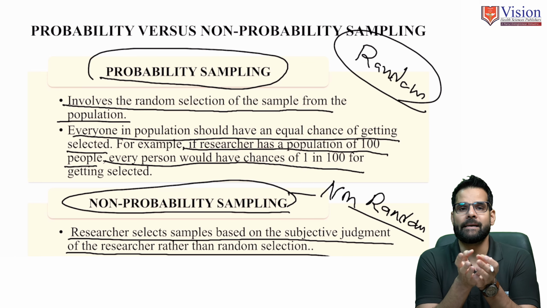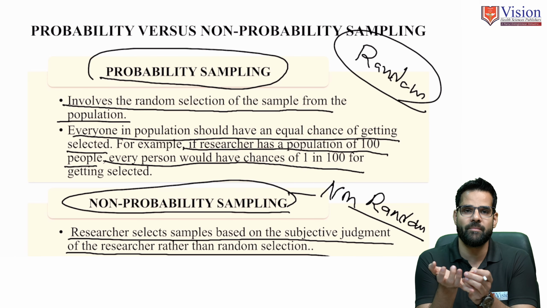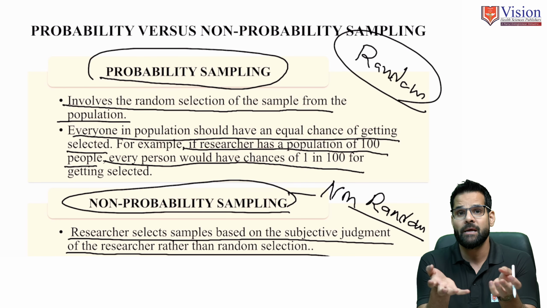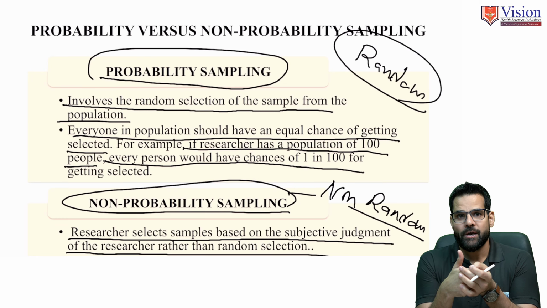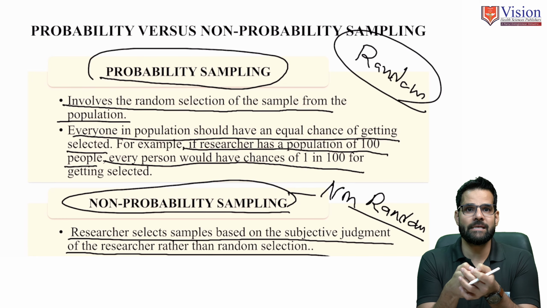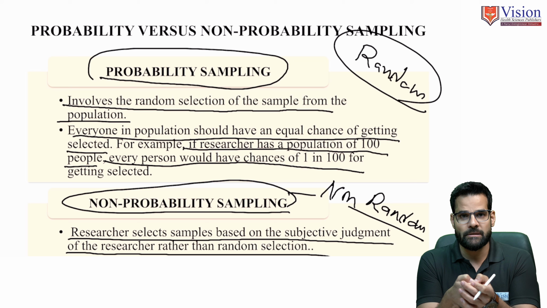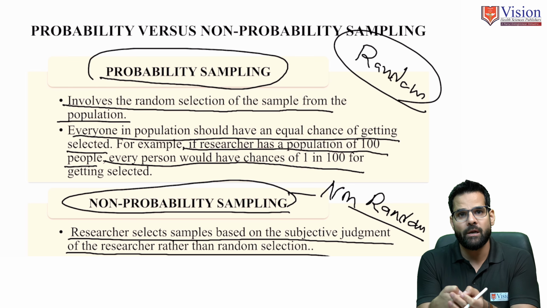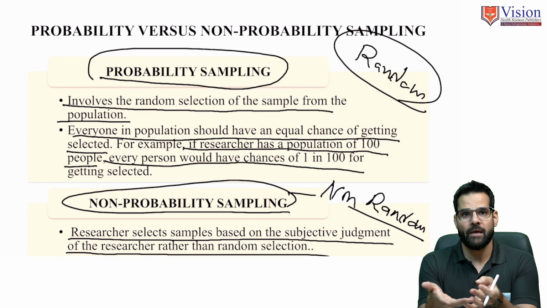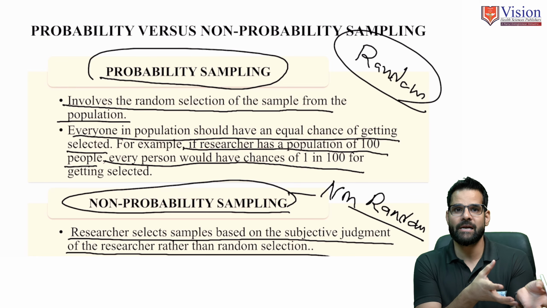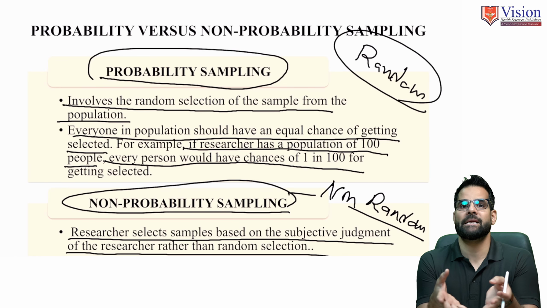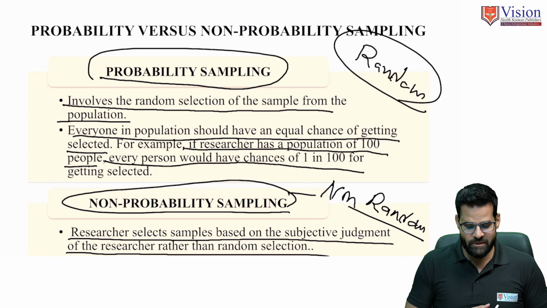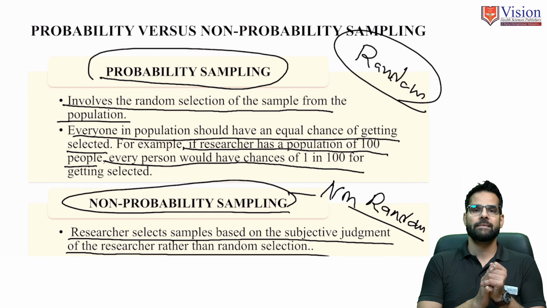So other than the random methods, like the lottery method, where everyone is given an equal chance, here you select the subjects from your population maybe based on your wisdom or subjective judgment, or purposefully, by making certain assumptions about the population characteristics. That kind of method is known as a non-probability sampling method.